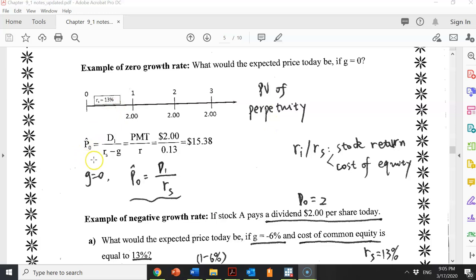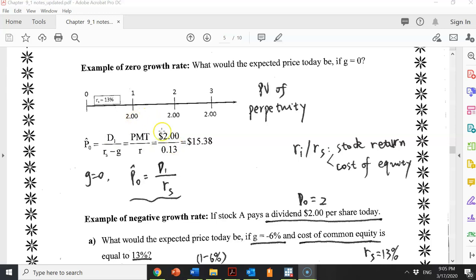We can also use our formula of the constant growth model: P0 equals D1 over RS minus G. D1 here is the payment, $2. RS minus G becomes only R because G is 0. So this constant growth model becomes the formula for the present value of a perpetuity. They're the same thing here because G is 0 and the dividend becomes the same as the future payments.